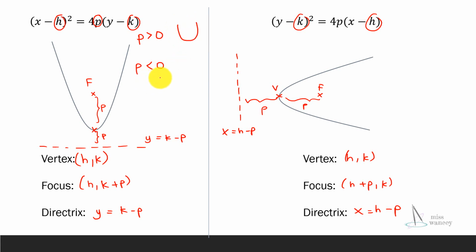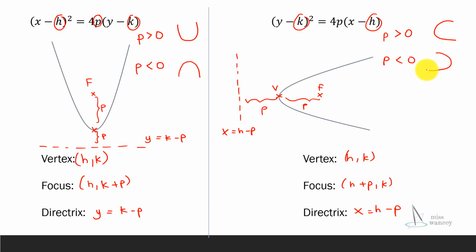If you have a negative value of p, then the graph should go downward. Same thing over here, you're gonna have two different cases, either p less than 0 or greater than 0. If p is greater than 0, you're gonna have a graph that opens to the right. If p is less than 0, you're gonna have something that opens to the left. So open to the right, open to the left.